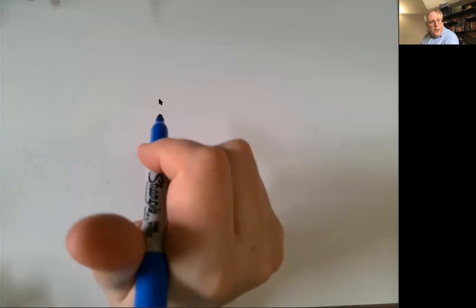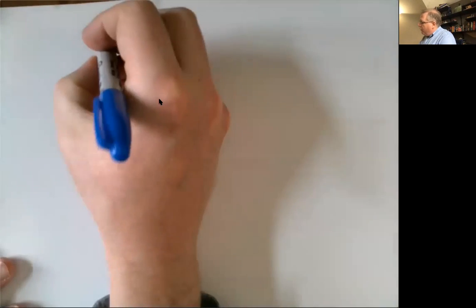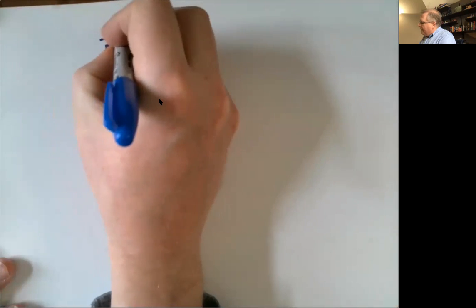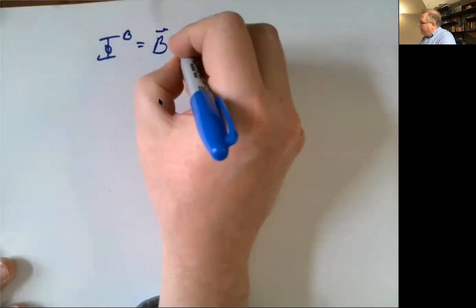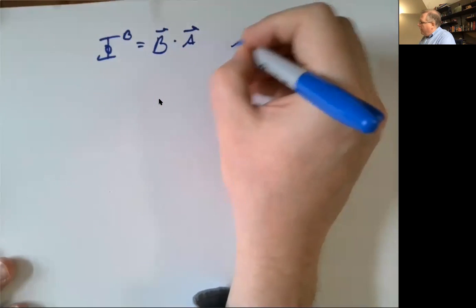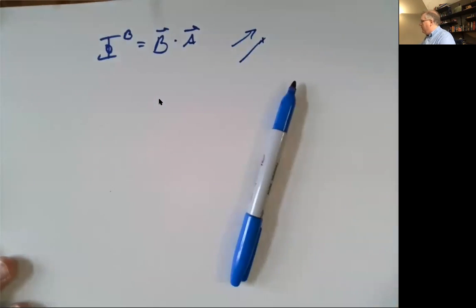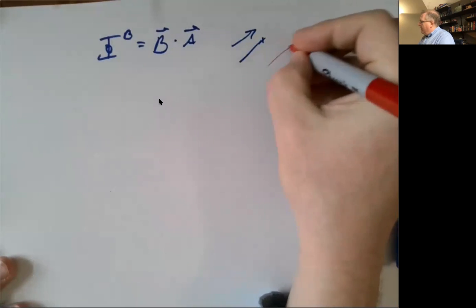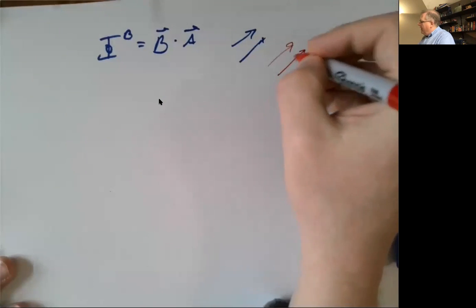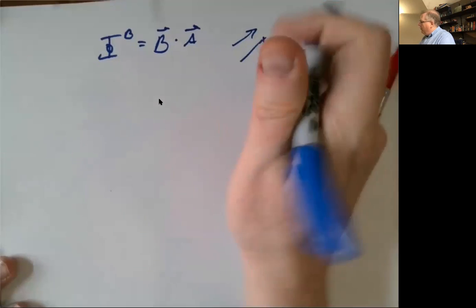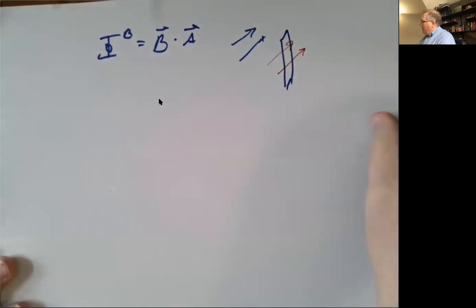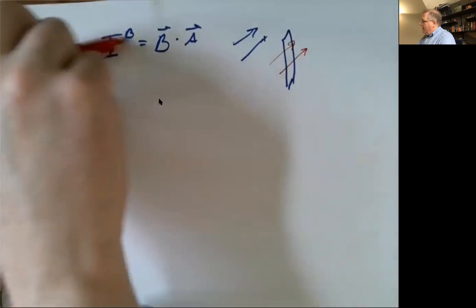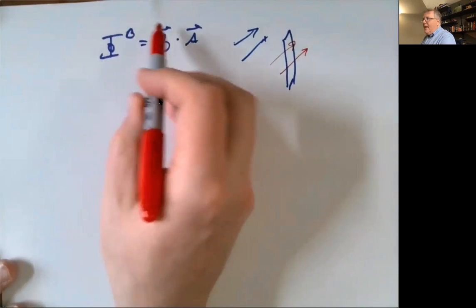So obviously we can write the same symbol for the magnetic field. I can write a flux, which is going to be the B field times an area. So if the B field can be red, and I have a B field punching through a surface, it now creates a magnetic flux.